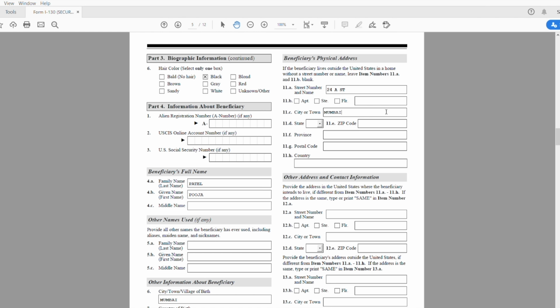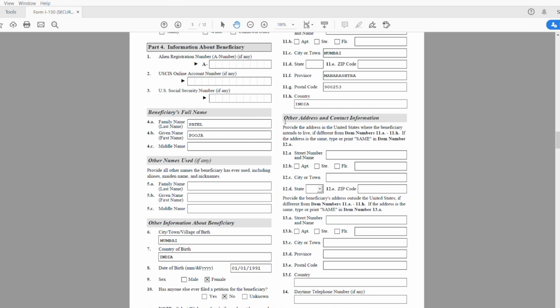And here, because this is a foreign address, we would not use 11D and 11E, but rather enter the province and the postal code. And the country. I believe there's an extra number here. So Indian postal codes have 6 numbers.